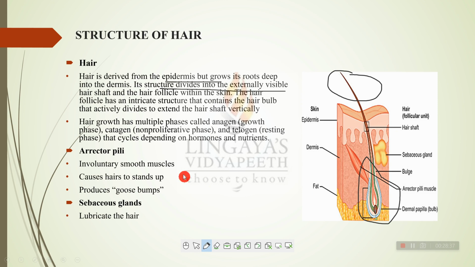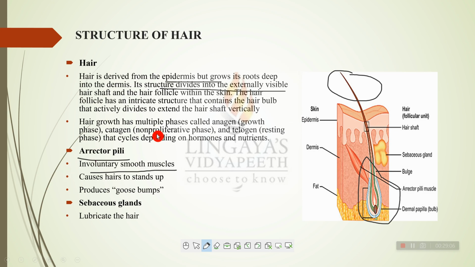It consists of the hair bulb which undergoes division continuously to grow the hair shaft. The hair also consists of arrector pili, which are involuntary smooth muscles which cause hairs to stand up to produce goosebumps.